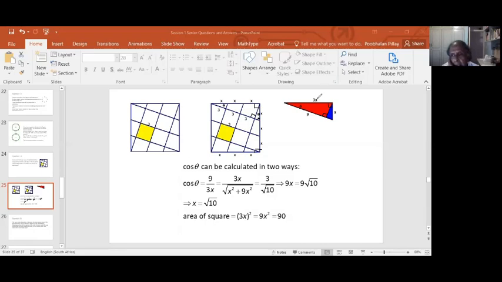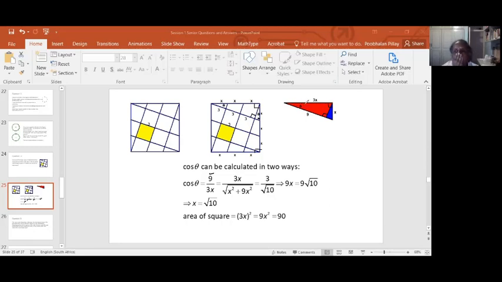And 3x is the hypotenuse. So cosine of theta can be calculated. Cosine of theta is 9 over 3x, right? As you can see. But now theta is also an angle in the large triangle. And there, in the large triangle, the 3x now becomes the adjacent side.